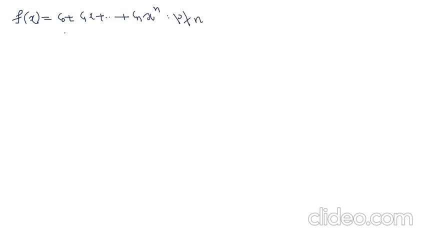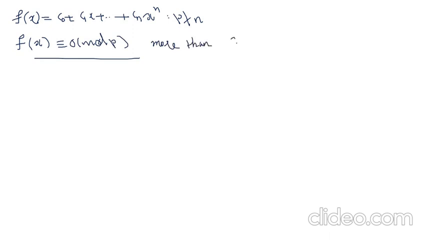And we have to show that the polynomial congruence f(x) ≡ 0 mod p has at most n solutions. So we assume that this congruence has more than n incongruent solutions.